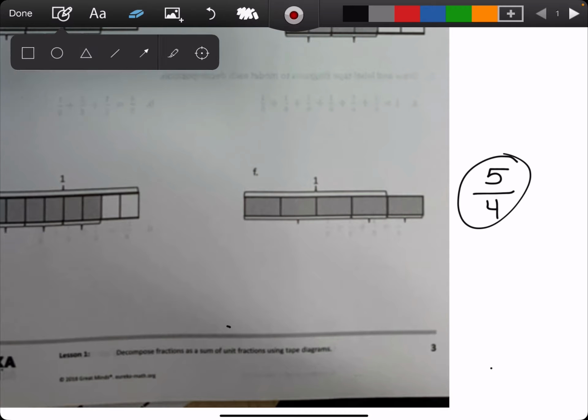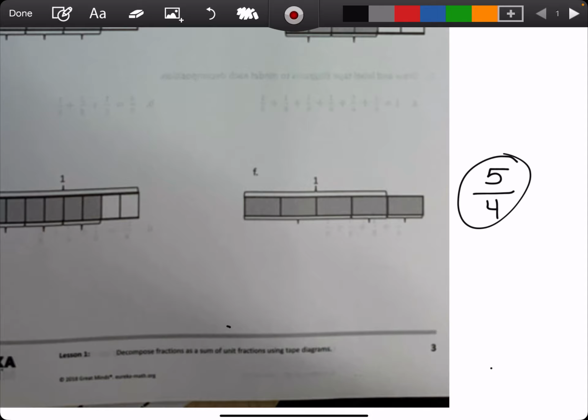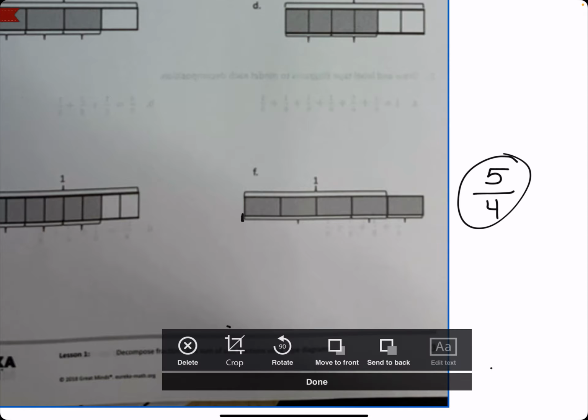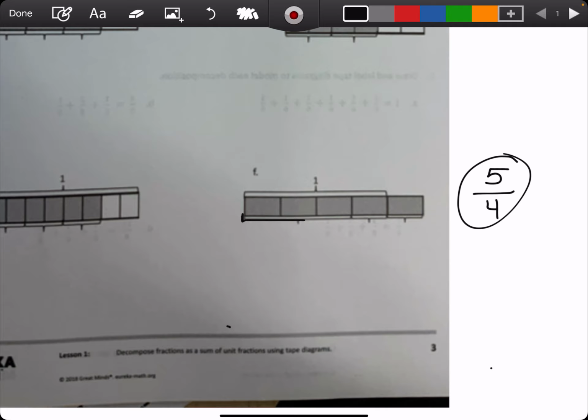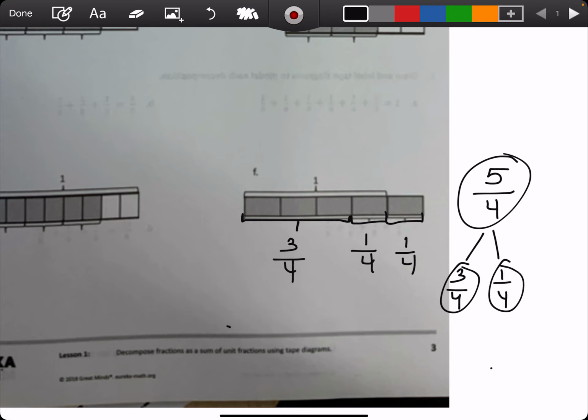I will say this is a little tricky, but it looks like we did those 3/4. Then we did another fourth. And then we did another fourth. So it looks like this is broken up into 3/4, 1/4, and 1/4.